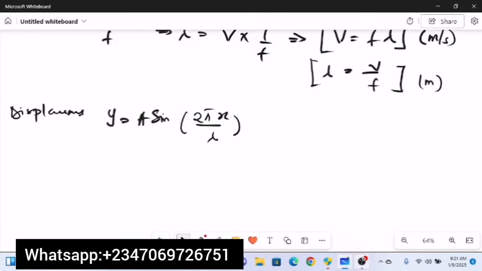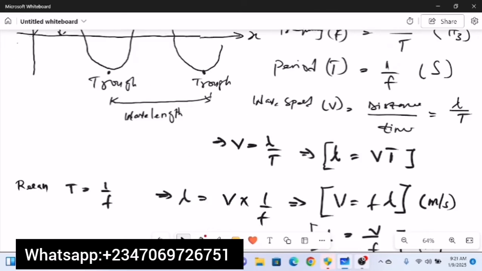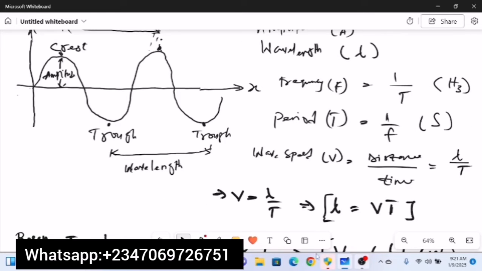Now, this equation can also be written alternatively as A sine of 2 pi all over lambda multiplied by x, in a bracket. Now there's a reason for this, because x simply talks about what? Horizontal displacement. So when you look at the graph once again, we introduced that the motion of the wave is purely horizontal. So this is horizontal displacement x.